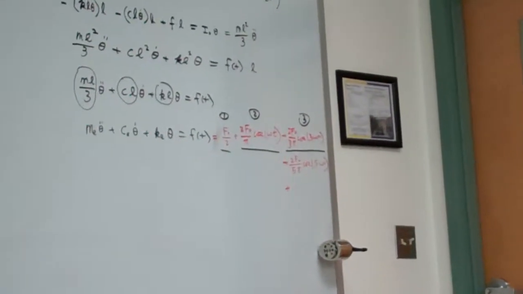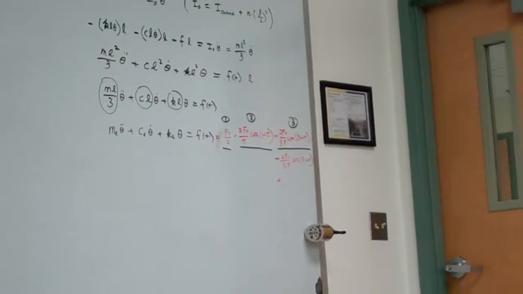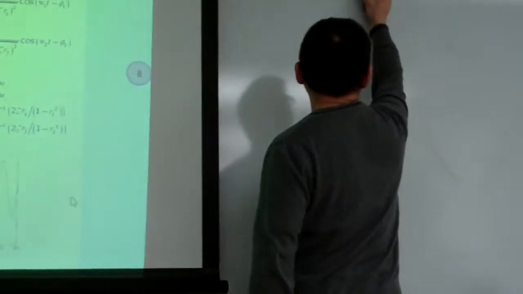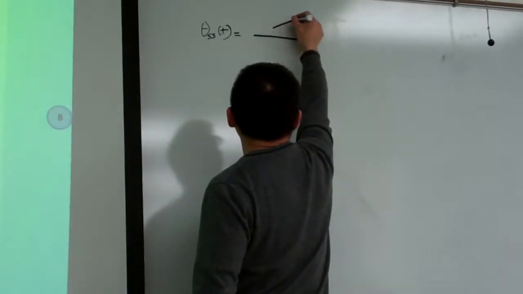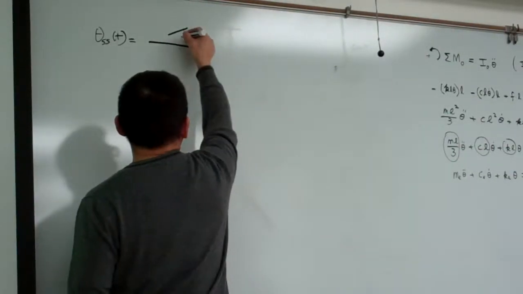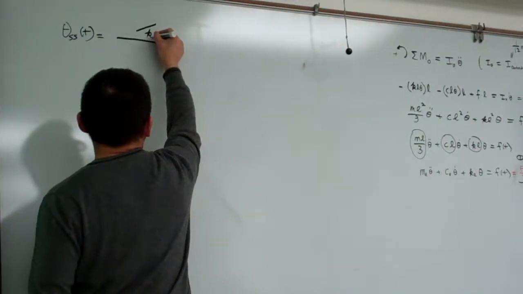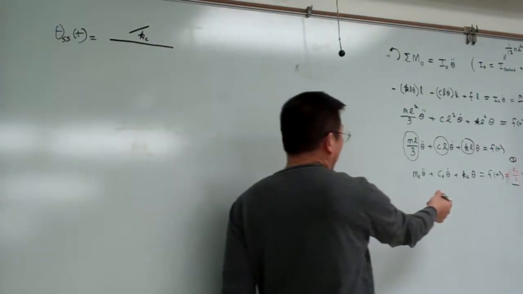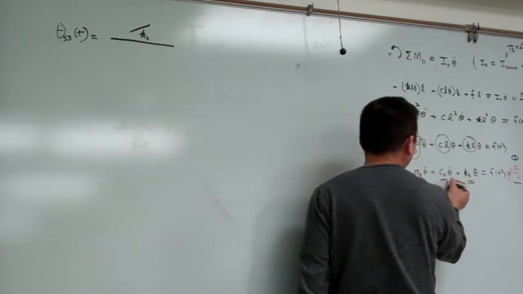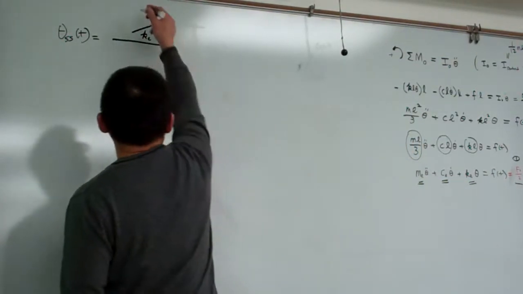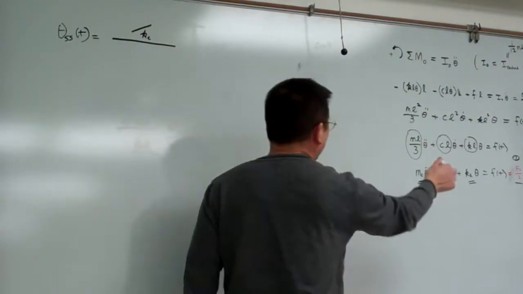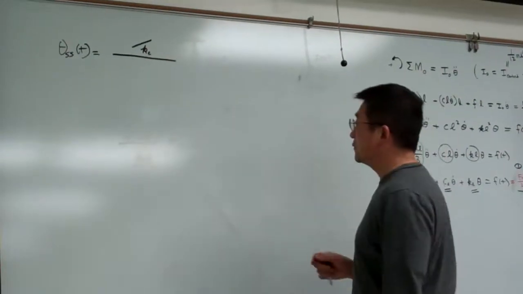So our response, looking at this template, is the magnitude of the force divided by the spring constant, which is Ke. And here I use these notations: Ke, Ce, Me.